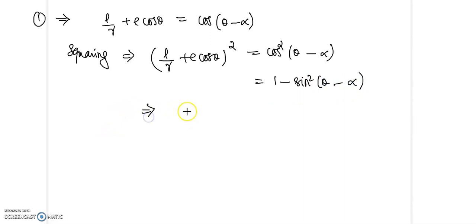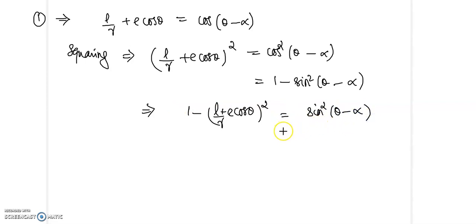So we will get sin square theta minus alpha equal to 1 minus L by R plus e cos theta whole square. Let us take this as equation 3.